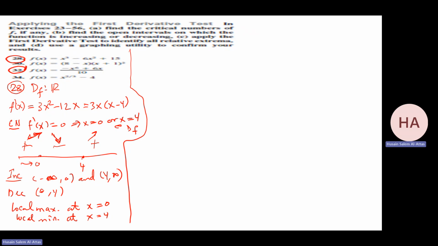Okay, next one, 30. You can open it up and do the multiplication, or you can do the derivative right away. For sure, the domain is all real numbers. So we'll do the derivative. That will be what?